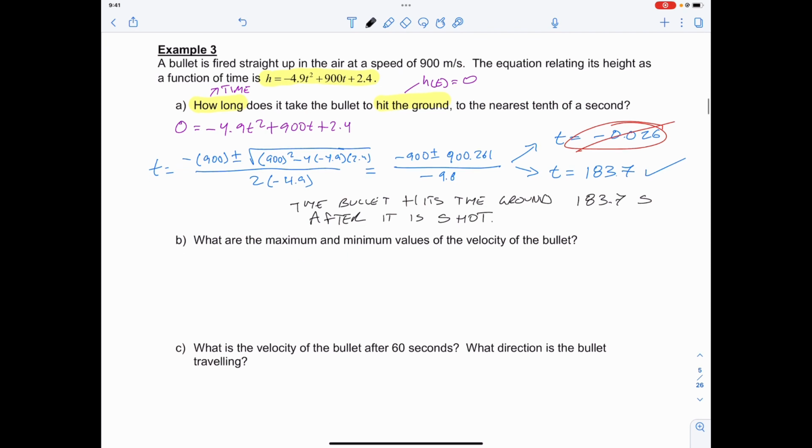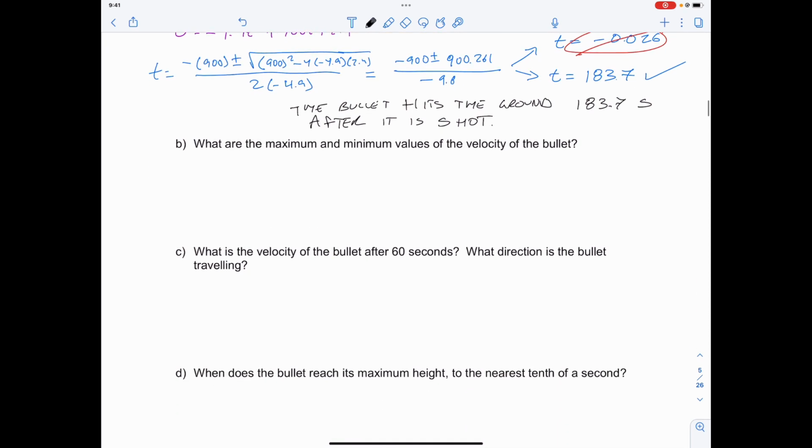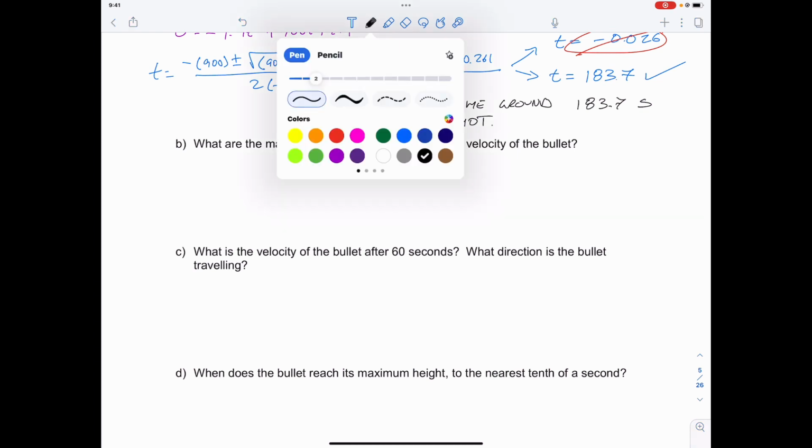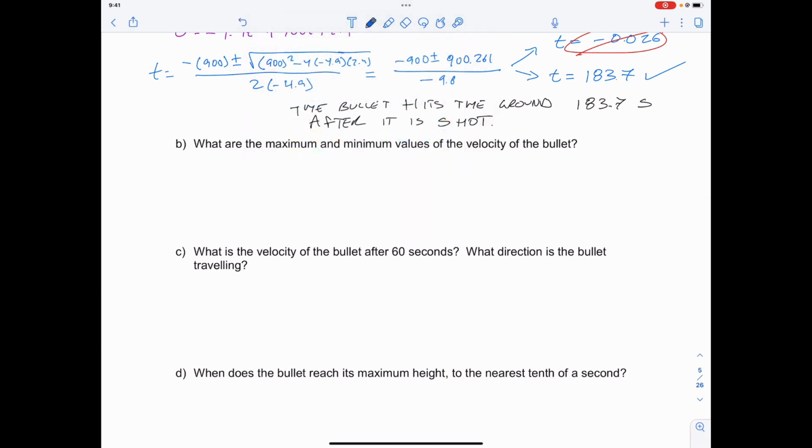When it says, what are the maximum and minimum velocities of the bullet? Well, if you think of what's happening with the bullet here, we have the bullet, it's being shot, and then it's going to go up until it reaches its maximum height, and then it's going to come back down again and eventually hit the ground.